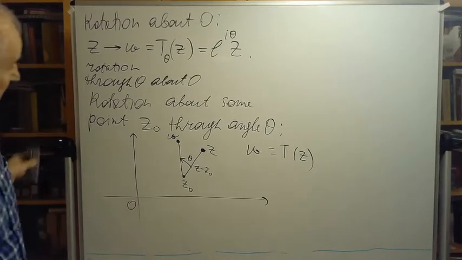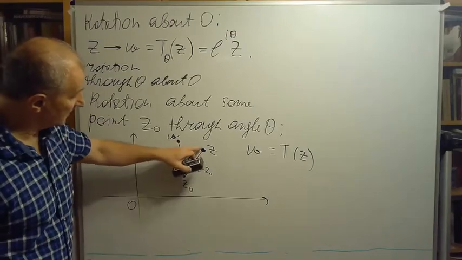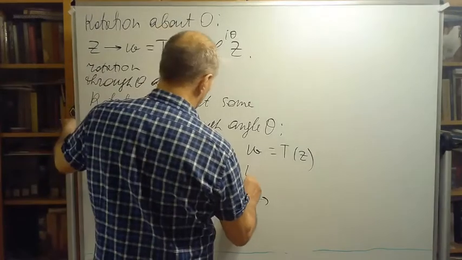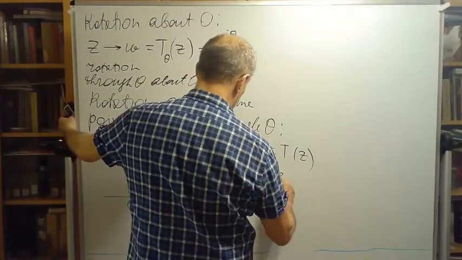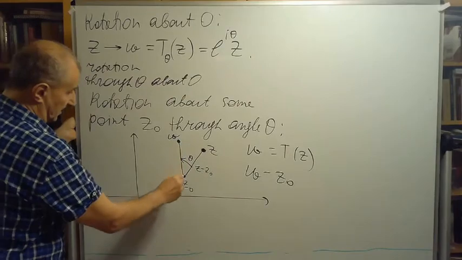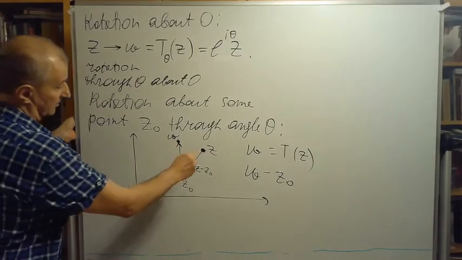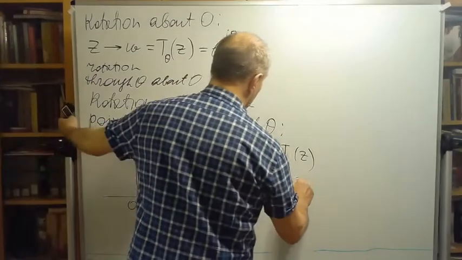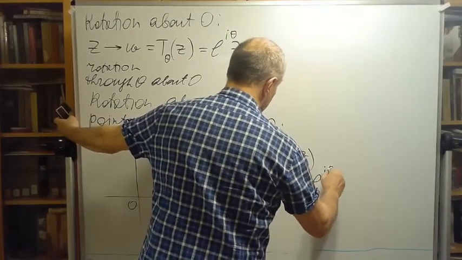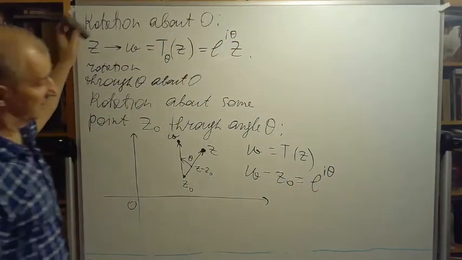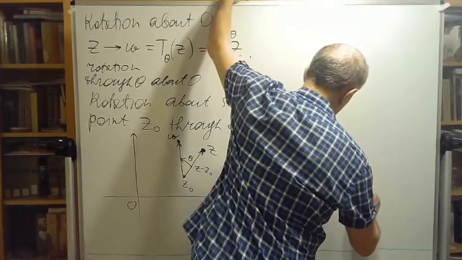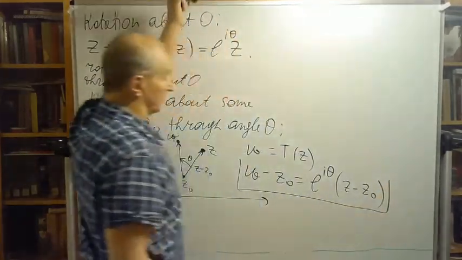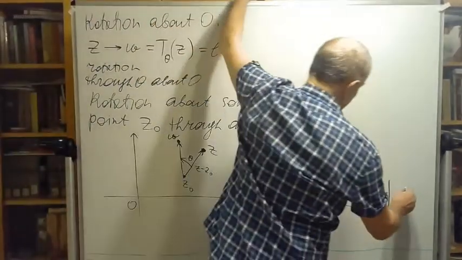It is the vector Z minus Z0 being rotated through angle theta. So I can say W minus Z0, this vector, W minus Z0. You can actually draw arrows if it helps you. You know vectors. W minus Z0 is obtained by rotating through angle theta the vector Z minus Z0. That's all we have to do. And this is, I will say, formula number 1.